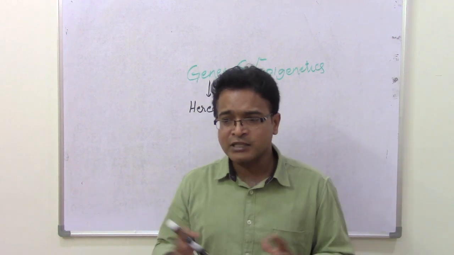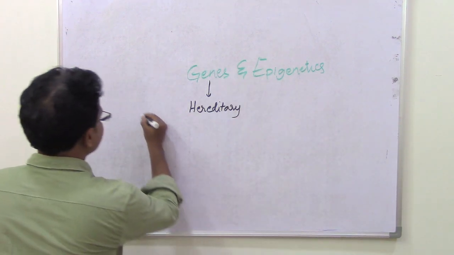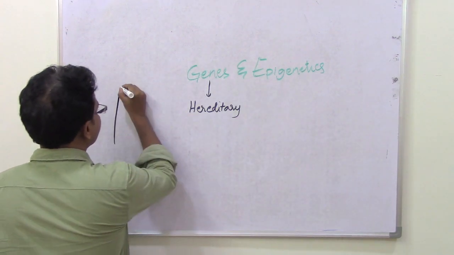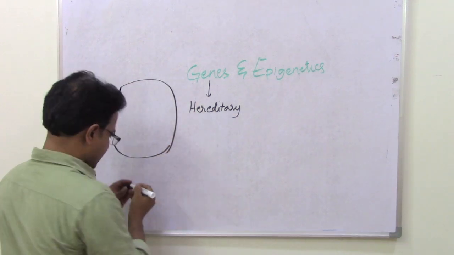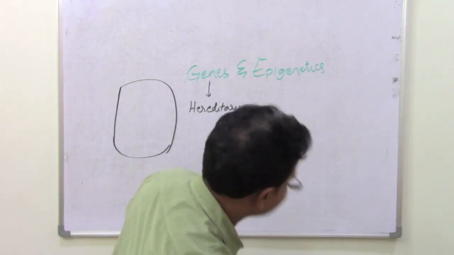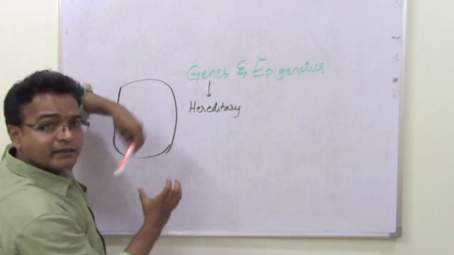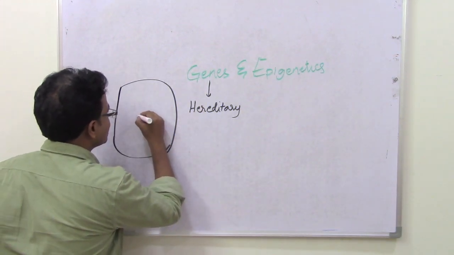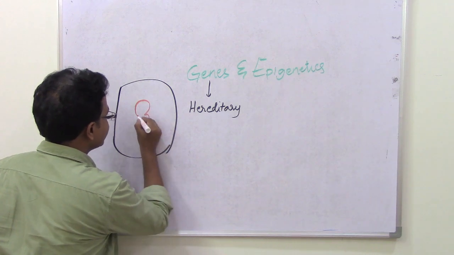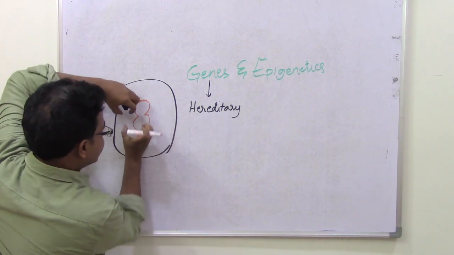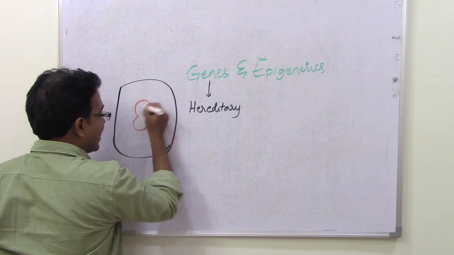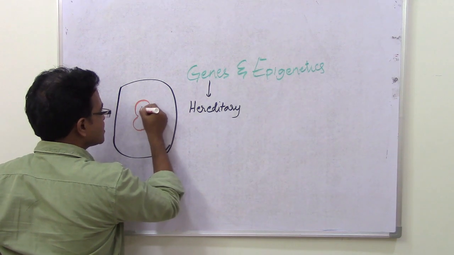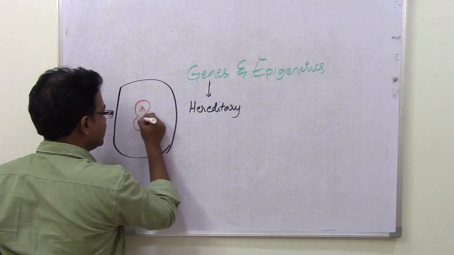Let's say this is a cell. When the cell is dividing and forms a new baby cell, the chromosomes are divided inside the nucleus.